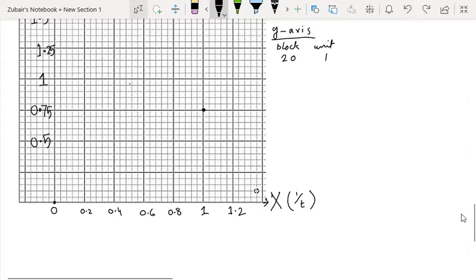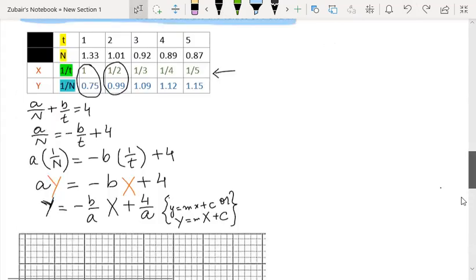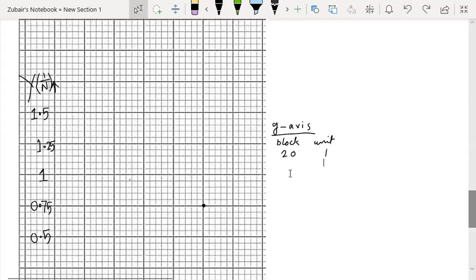Let me verify this again. The unit value is 0.99. Yes. So 0.99, this is x. By calculating 20 multiplied by 0.99, the answer is 19.8, meaning the 20th block.